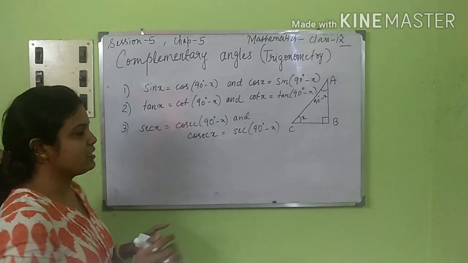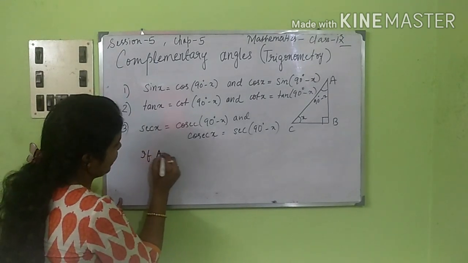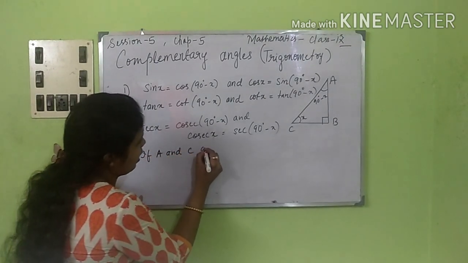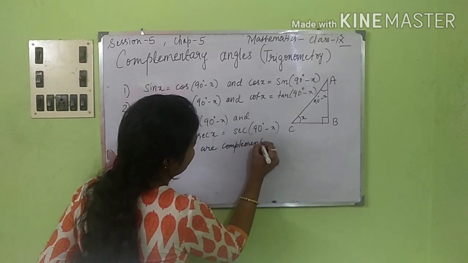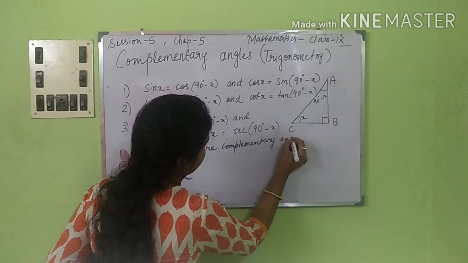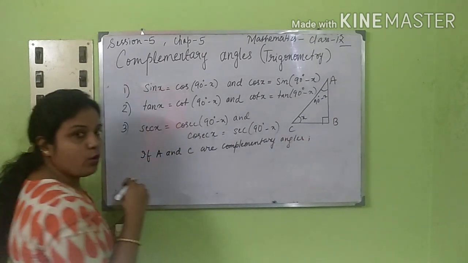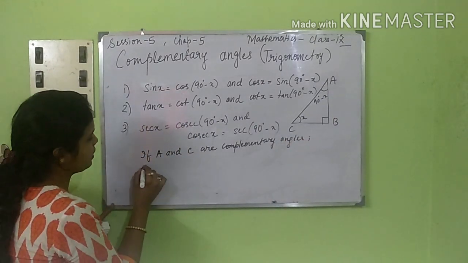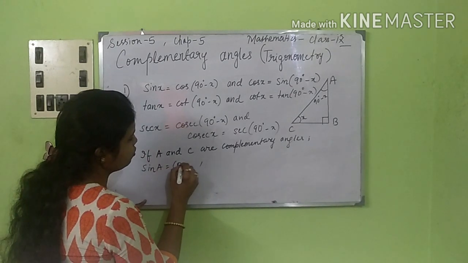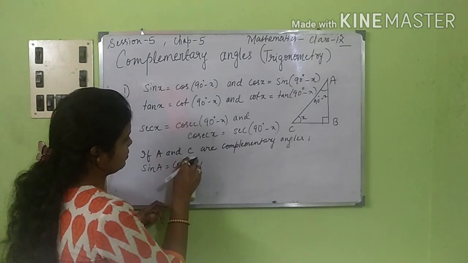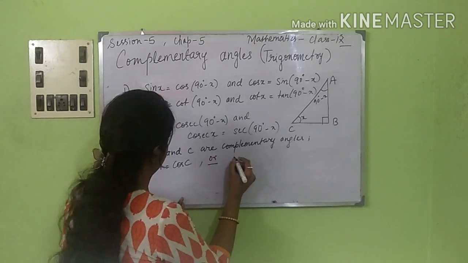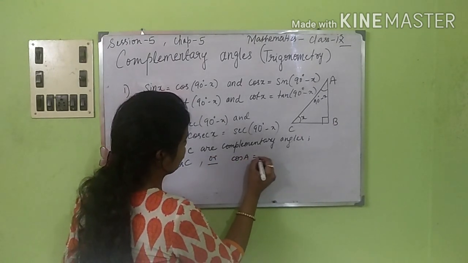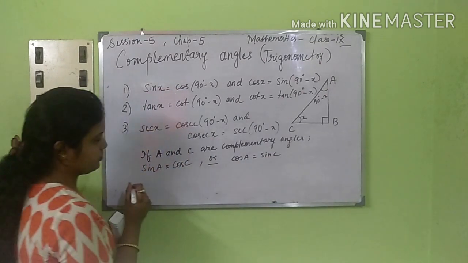So if A and C are complementary angles, then we can come to this conclusion as well. That is, sin A is equal to cos C, or cos A is equal to sin C.